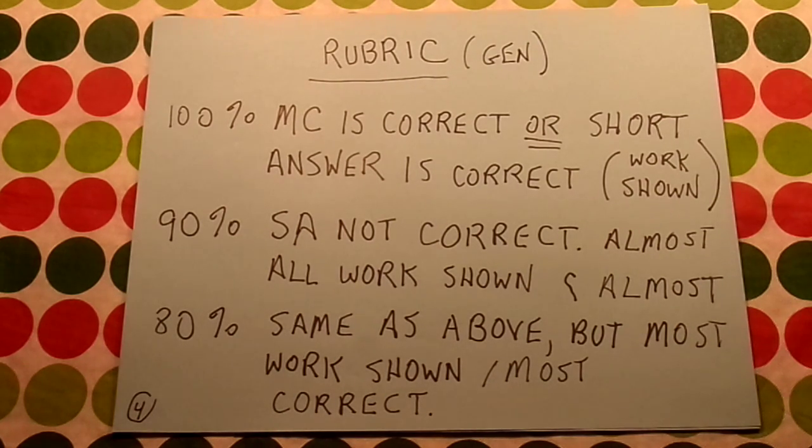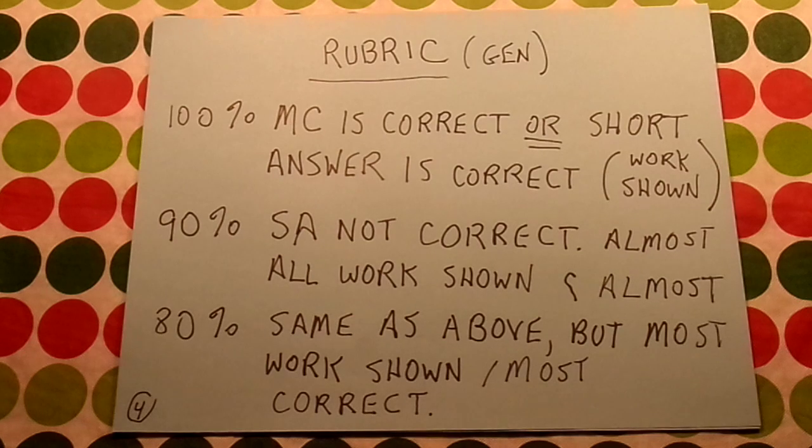You get a 90% if the short answer is not correct, but almost all the work is shown, and I can really see how you got to the answer. Keep in mind this is irrelevant for multiple choice because that's right or wrong.